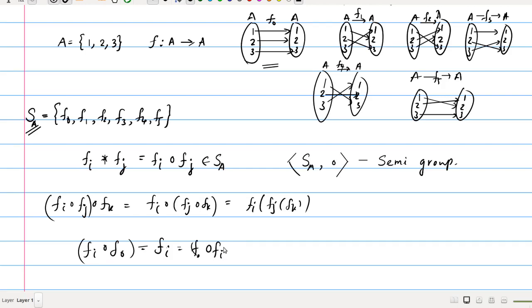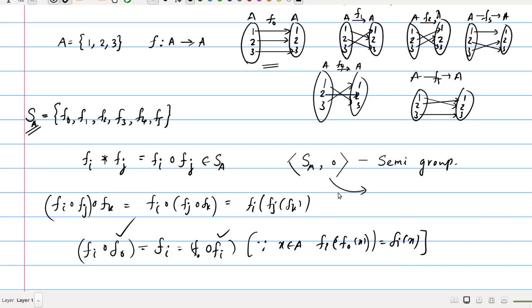This is because if we have any x belongs to A, we can write f_i of f naught of x, this is f_i of x itself, because f naught of x equal to x itself. Because of this reason we can consider this f naught as the identity element of this algebraic structure.